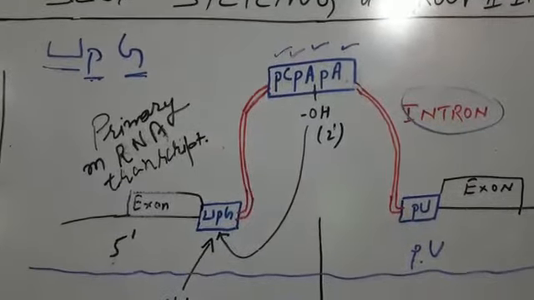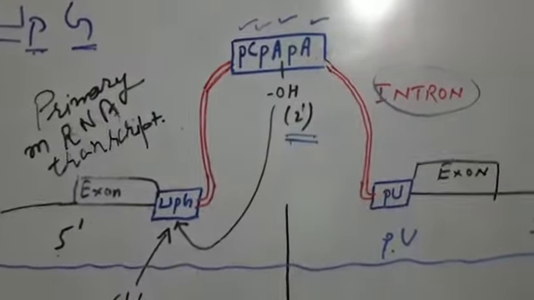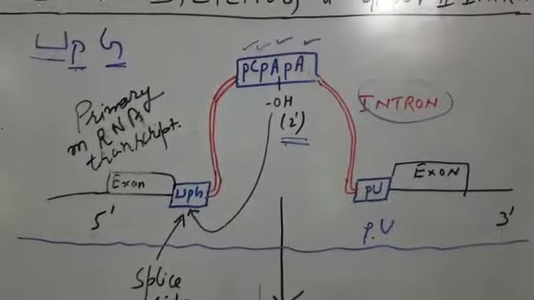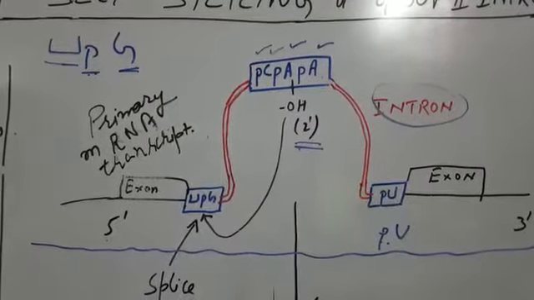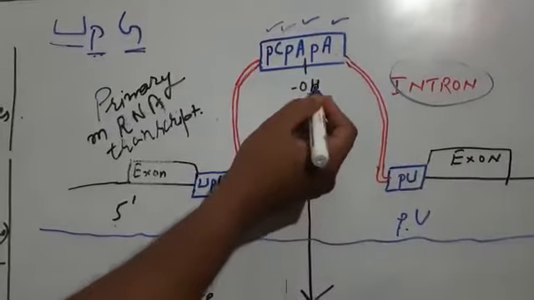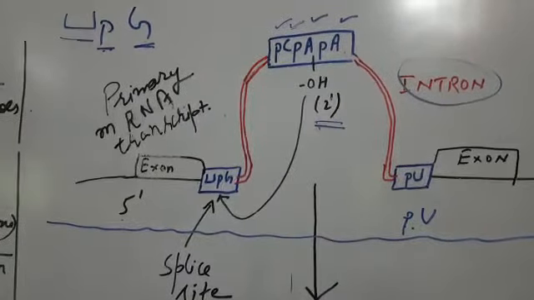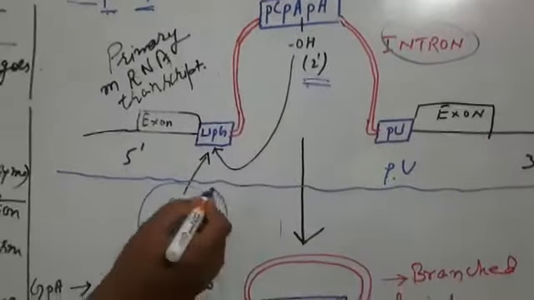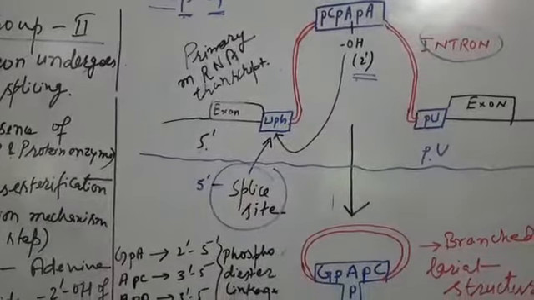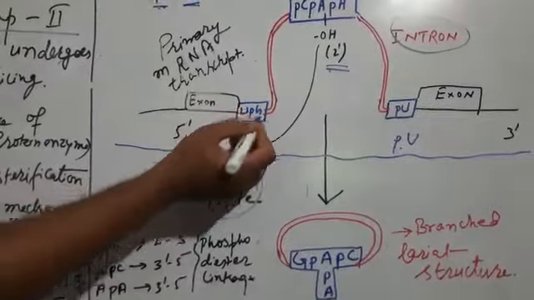So in the first step, this is the difference between group 1 and group 2. In group 1, it is the 3' OH which attacks. But in group 2 intron splicing, it is the 2' OH of the nucleotide containing adenine which attacks the splice site near the 5' end, the 5' splice site, where it attacks the phosphodiester linkage between U and G.